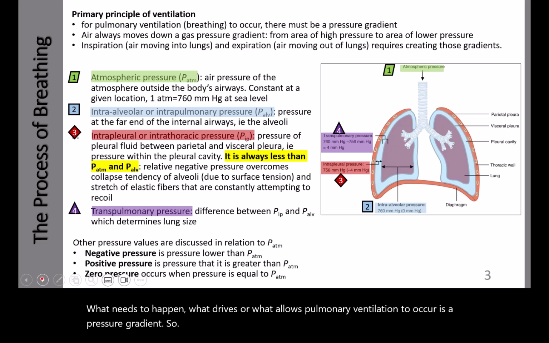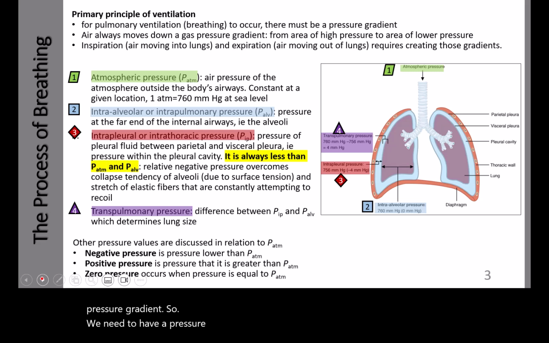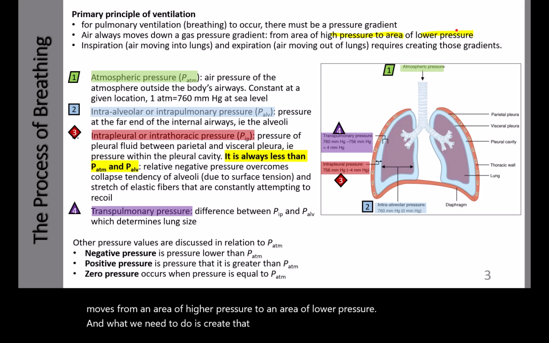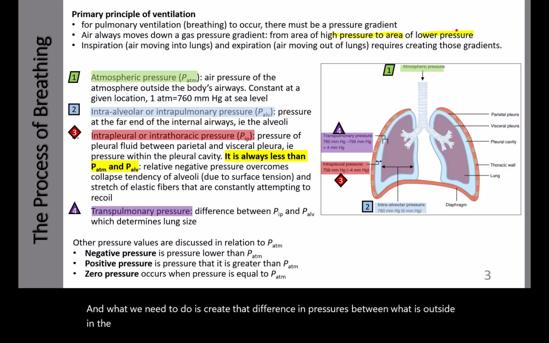We need to have a gas pressure gradient so that air moves from an area of higher pressure to an area of lower pressure. And what we need to do is create that difference in pressures between what is outside in the atmosphere and what is inside in our lungs.